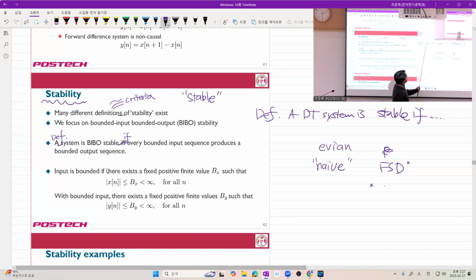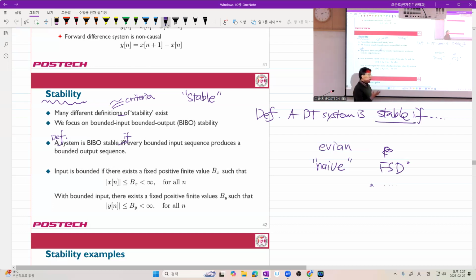So you just do not say that a DT system is stable if it blah, blah, blah, then change it to a DT system is white. You don't do that, okay? So whenever you name a new concept, you borrow the existing word that matches as well as possible. But never be fooled too much by what you already know. Got it?